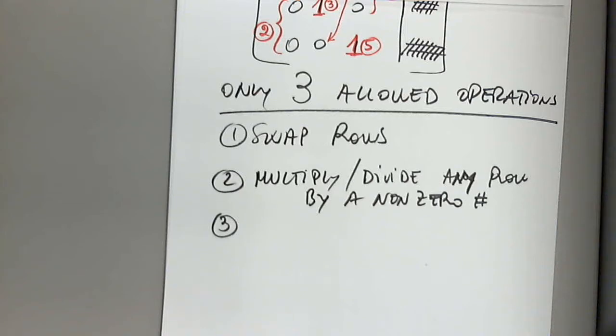That's the third allowed operation. Multiplying any row by a non-zero number and adding the result to another row. One more time, this is what we did here. Let's go back for a second. We multiplied this row by -2, and the result, we added it to the second row to get a new equation. Okay? So that is the third allowed operation.